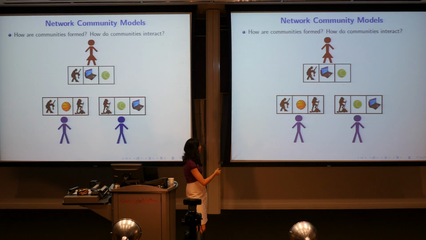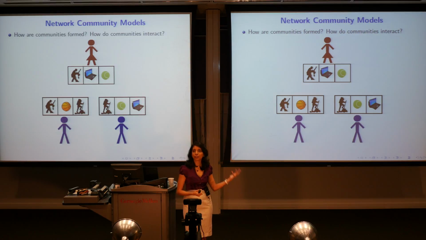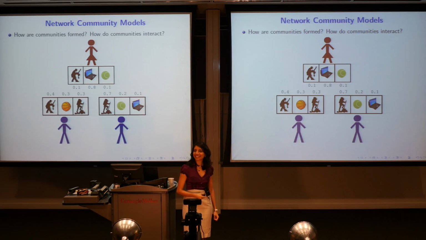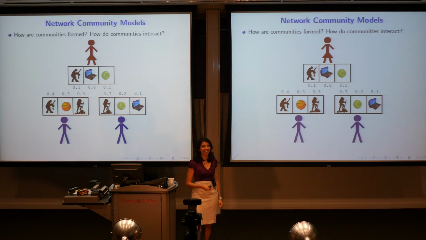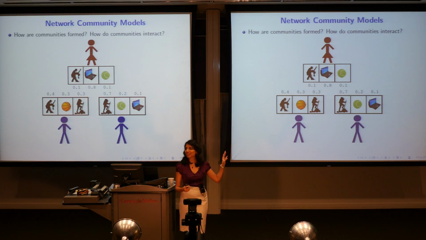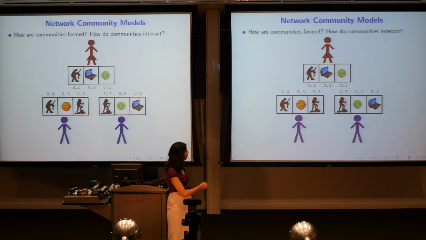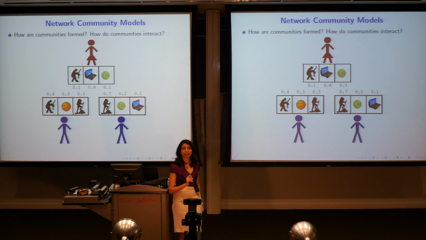So think of every person in the network as having some hidden set of memberships. These are, for instance, the fraction of time they spend in different interests. Somebody is spending almost all their time in computers, maybe a lot of people here. There are others who are maybe spending more time hiking. So users have all these different interests, and think of this as fractional interest in different communities.